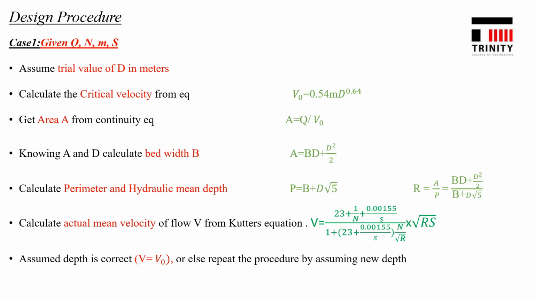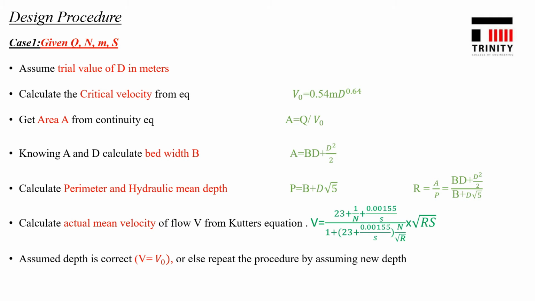Next, we find the perimeter and finally the hydraulic mean depth, where perimeter is equal to B plus D root 5 and hydraulic mean depth is area divided by wetted perimeter. And we find the actual mean velocity of flow V from Kutter's equation.